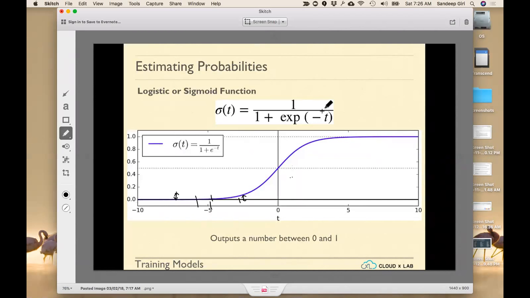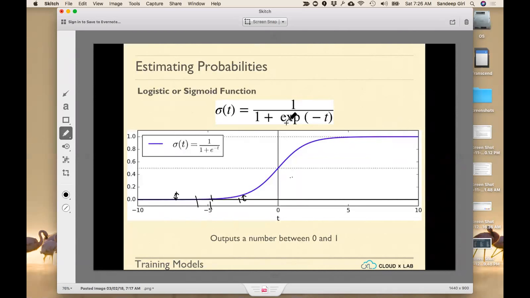Let me just think about something. I'm not able to come up with something right away, but theoretically there could be many such functions.